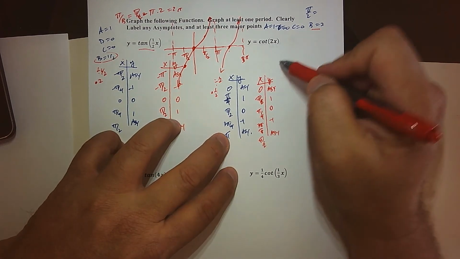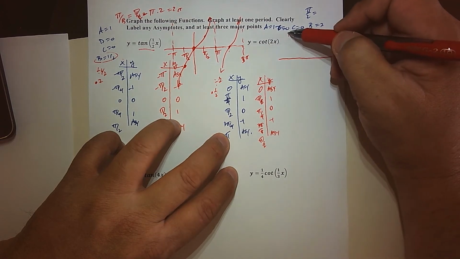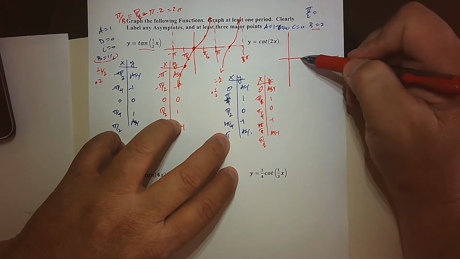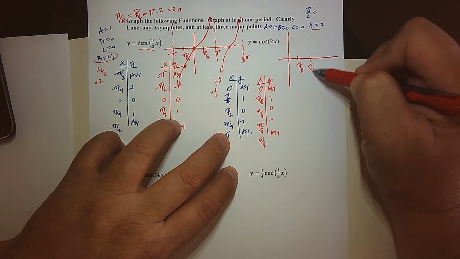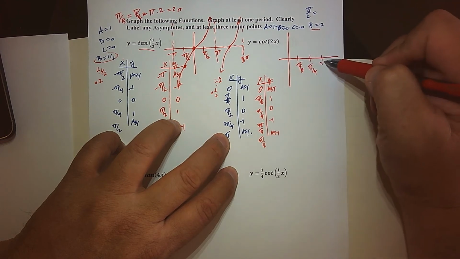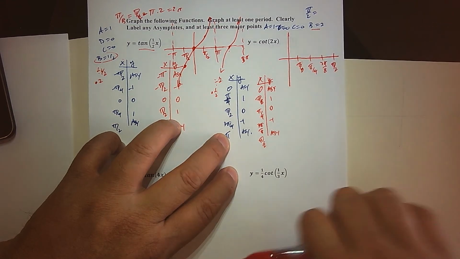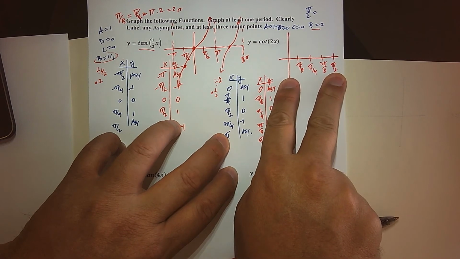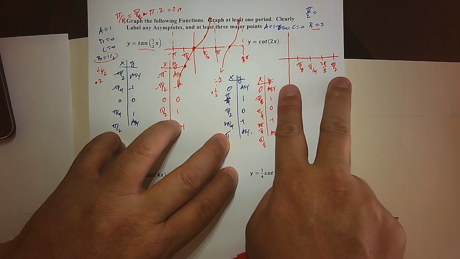So when we graph this function, you can see the interval, rather than being from 0 to pi like it normally is, the period is from 0 to pi over 2.